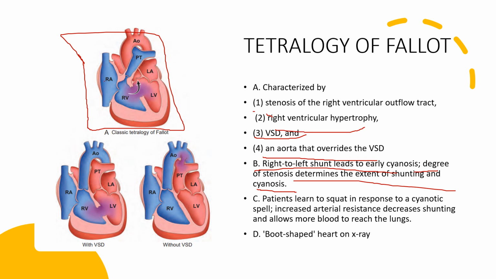Because whenever we squat, the venous return to the heart increases, and that increases arterialization, which decreases shunting and allows more blood to reach the lung, and the cyanosis stops. And there is a picture on the X-ray. We can see the boot-shaped heart on X-ray.